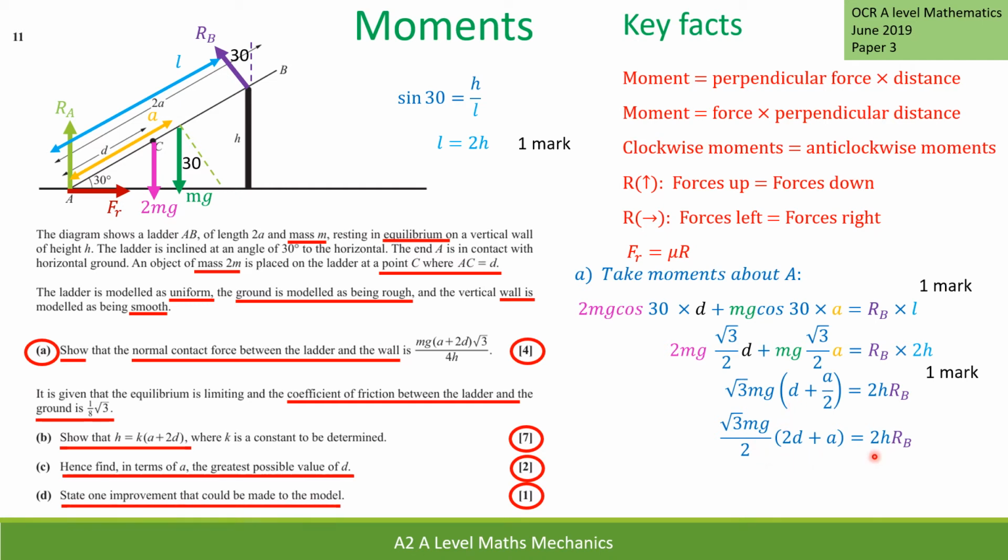So I'm now just going to divide by 2h to give me the value of RB. So that is root 3 mg over 4h times by 2d plus a is the value of RB, which is what is told here in the question, just written in a slightly different form. As long as your answer comes down to the same form or an equivalent form, you will get the marks in the exam. So this is where the fourth mark is awarded.